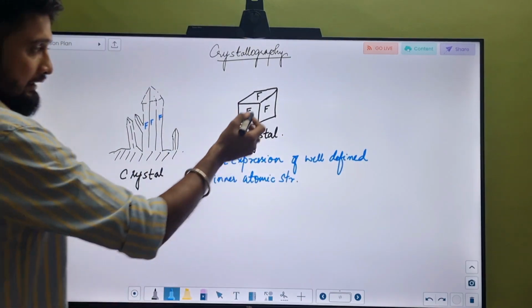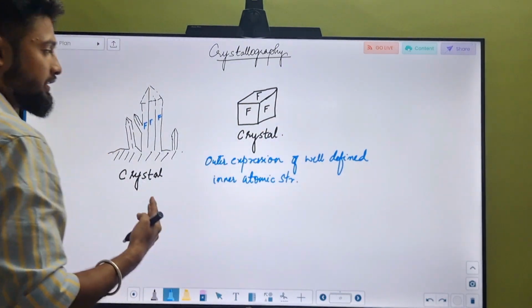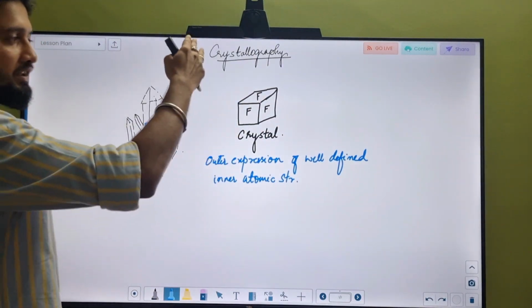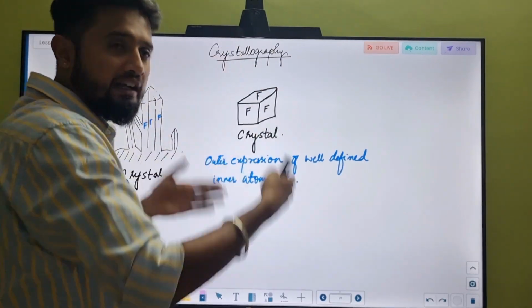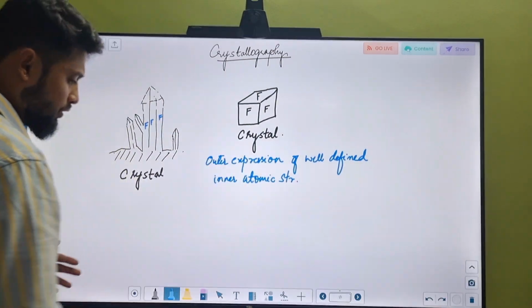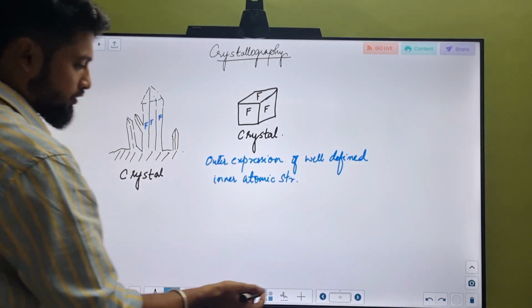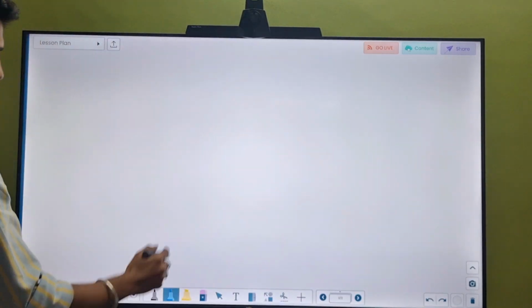So when the inner atomic structure is well defined, at that time the crystal has a different shape, or it is well defined. Okay, so now moving on to the components of crystal.